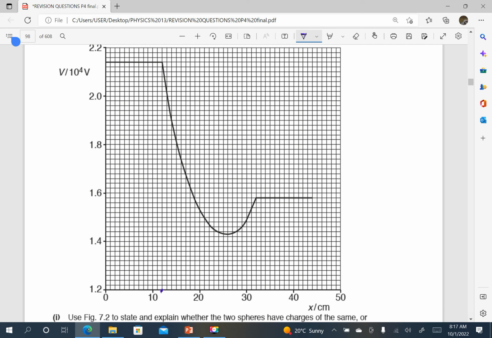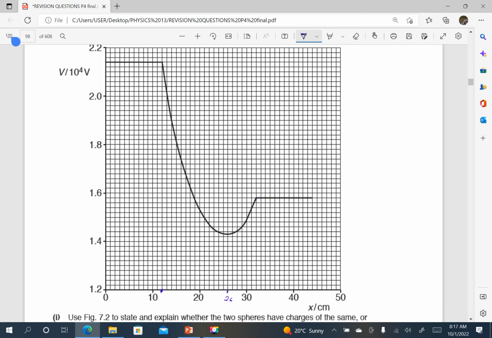So 12 centimeters is most likely going to be the radius. The potential here is now decreasing to a minimum value at this point. Potential is minimum here. This is going to be 21, 22, 23, 24, 25, 26. That is at 26 centimeters. And then it is now increasing up to this point here.